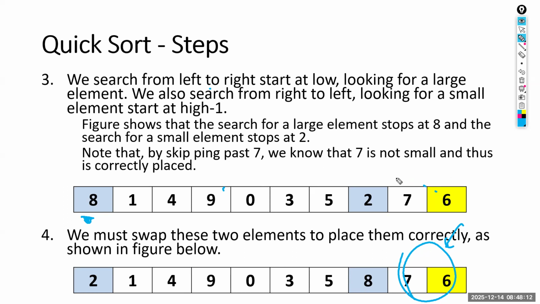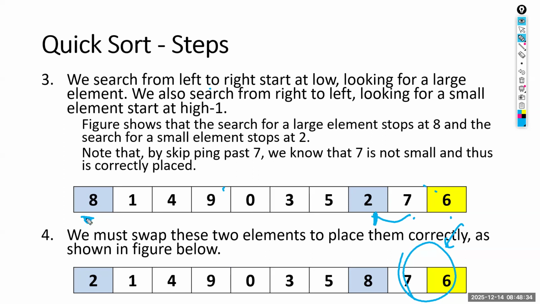In parallel, we also start from right to left, looking for an element smaller than the pivot. This is your high. So you are looking for something smaller than this. 7 is not smaller, so you go to the next one. 2 is smaller, so we stop.